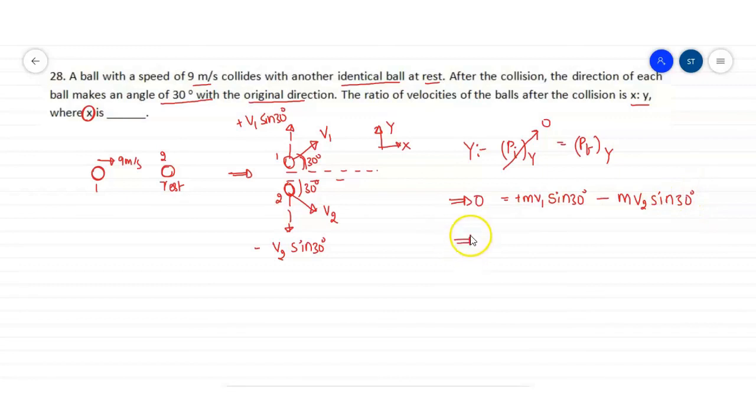From this we can write m v1 sin 30 is equal to m v2 sin 30. Here sin 30 and m we can cancel out, means v1 is equal to v2. So v1 by v2 will be equal to 1 is to 1. So here x and y both are equal to 1. We want to find out x, its value will be 1. That will be the solution for this question. Thank you.